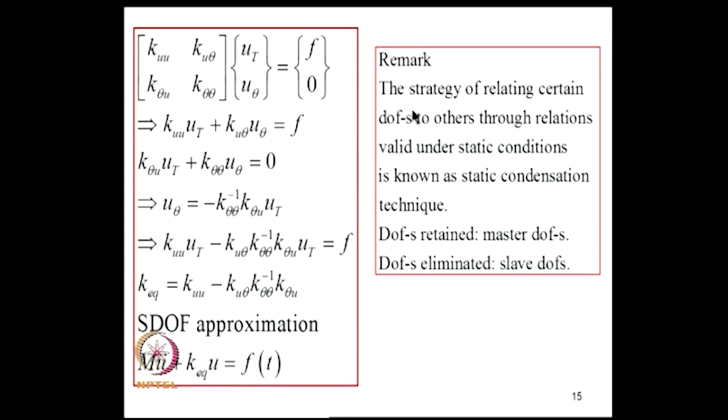We can observe that the strategy of relating certain degrees of freedom to others through relations valid under static conditions is known as the static condensation technique. The degrees of freedom that are retained are called master degrees of freedom, and the degrees of freedom which are eliminated are called slave degrees of freedom.